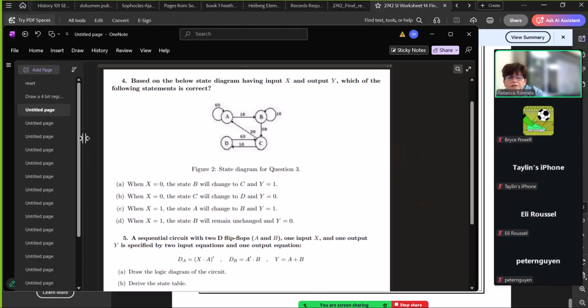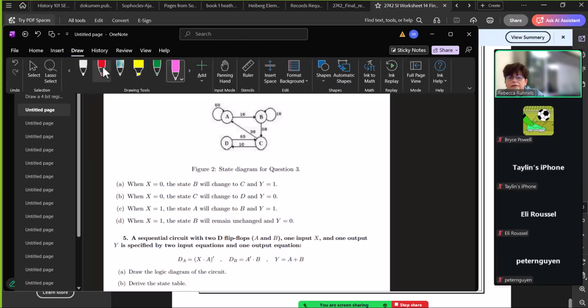Let me see. Does this one have output on it? Looks like output is not on there, so I am just going to arbitrarily make the output 0.